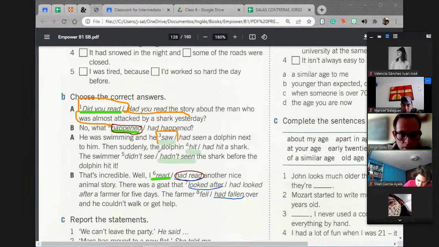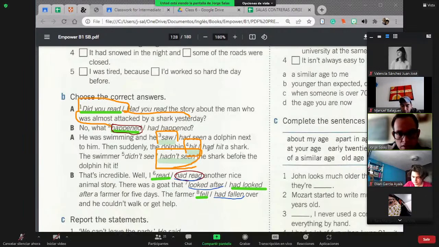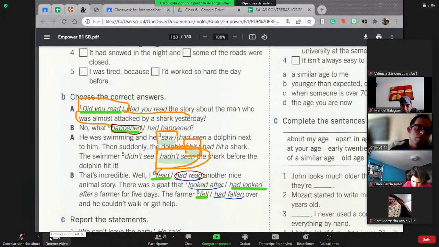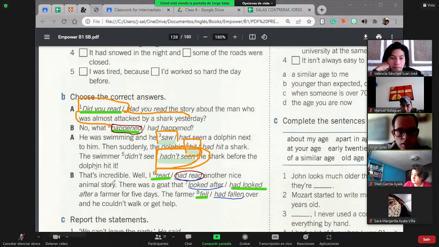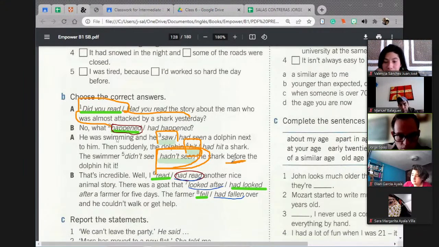Suddenly the dolphin hit it, one action and then another, they go in order. The swimmer hadn't seen, here if we go further back, hadn't seen, this one is earlier in the past. And you even have this one, which we used before. Last week we were using after and before.